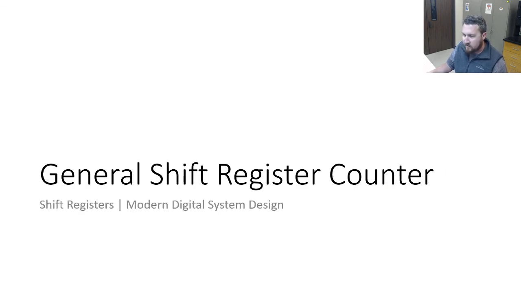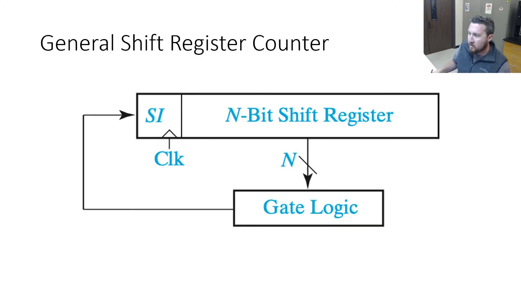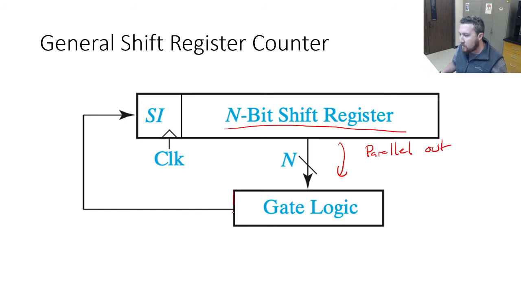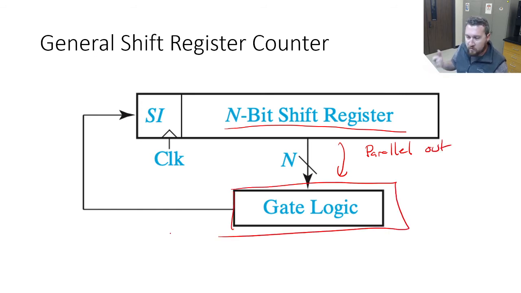When we think about generalizing that, we're going to have this general shift register counter, which will look like this. An n-bit shift register counter will have an n-bit shift register, and it will pass those bits out, so parallel out, to some kind of logic that's going to define what the sequence is. And then those bits will get passed back around one bit at a time to serial in.